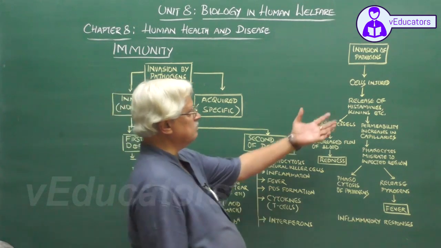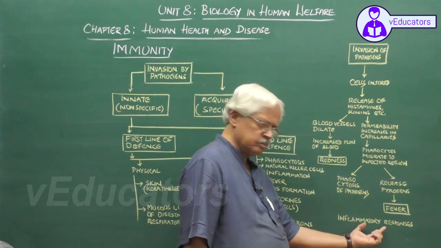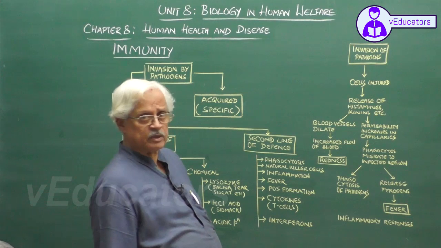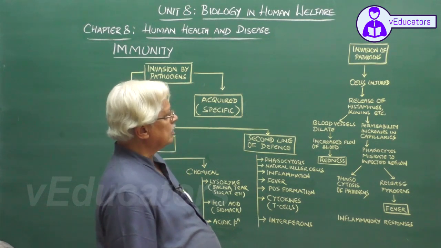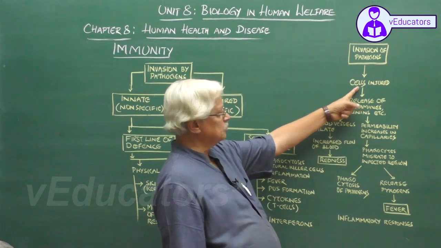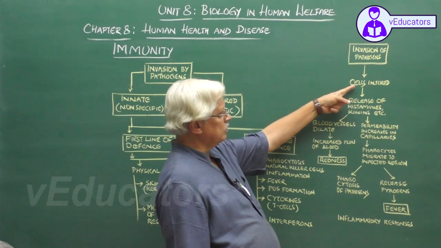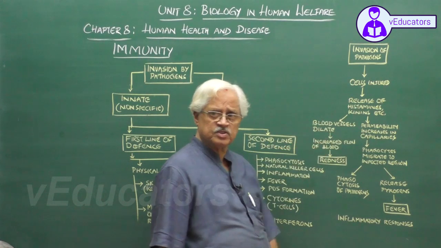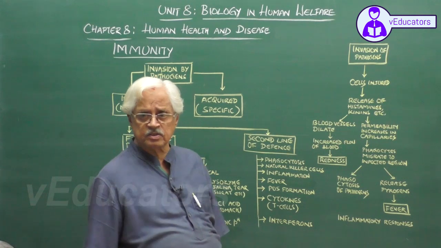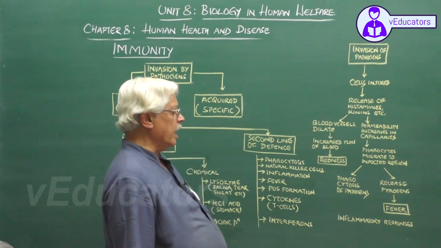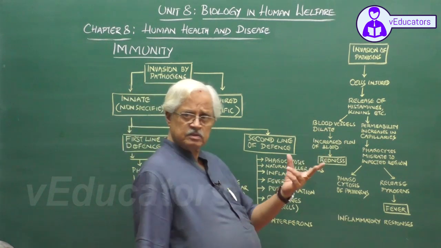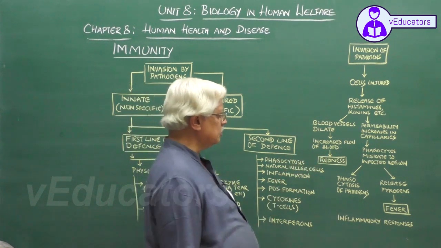Here is another scheme showing the inflammatory responses due to invasion of pathogens. When there is invasion of pathogens, the tissue cells get injured. The injured cells now release certain chemical substances like histamines, kinins, etc. As a result of these chemical substances, blood vessels in the tissue dilate.